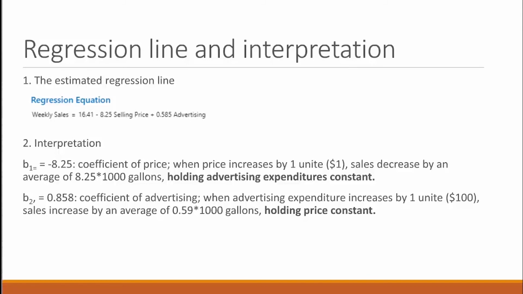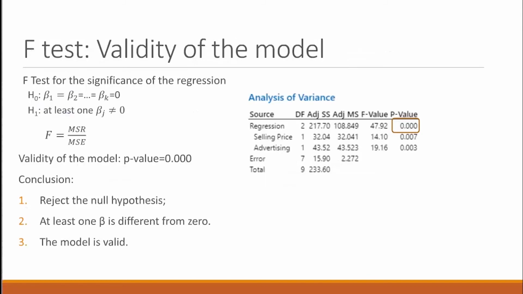Now let's move on to the next part. After knowing how to interpret the coefficients, we're going to talk about how to verify that our model is valid. And this is different from the way we did in Chapter 6. In Chapter 6, we tested the slope coefficient.